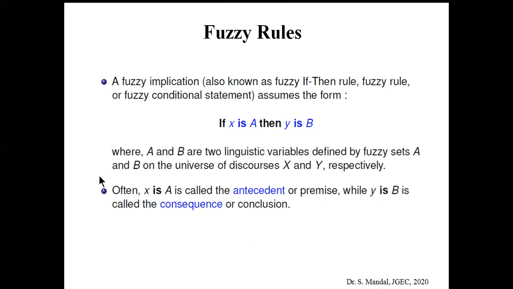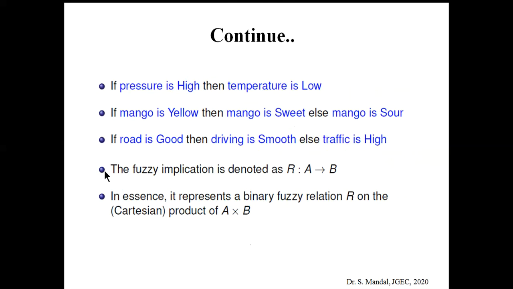For example, if pressure is high, temperature is low. If mango is yellow, then mango is sweet, else mango is sour. If the road is good, then the drive is smooth, else traffic is high.